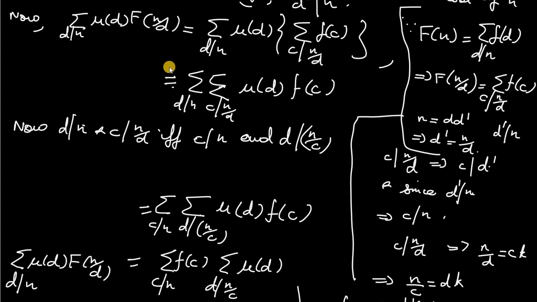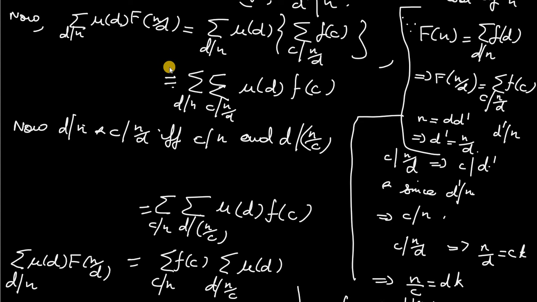Also, c divides n upon d implies that n upon d is equal to some multiple of c, that is c into k for some integer k. Now you just cross multiply, so n upon c will be equal to dk, which implies that d divides n upon c. So therefore, we have d divides n and c divides n upon d if and only if c divides n and d divides n over c.